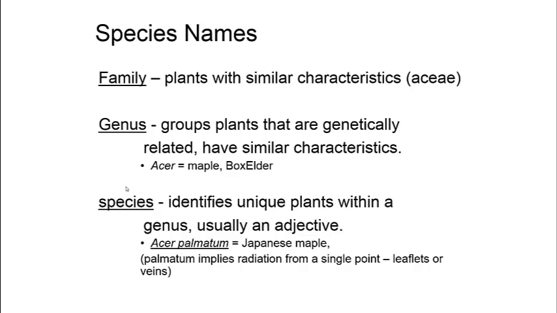Then species identifies unique plants as a group within a genus, and is usually an adjective that describes something about the plant. So Acer palmatum, Japanese maple: the word palmatum implies radiation from a single point, where in this case the veins of the Japanese maple leaves radiate out like fingers do on your hand.